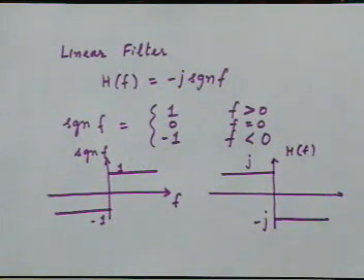Now that's a mathematical picture of this filter. Can you tell me what this filter will actually do to an input signal? How will it affect the input signal? Can you say something about the effect that such a filter will have on any input that is applied to it? Phase difference induction.